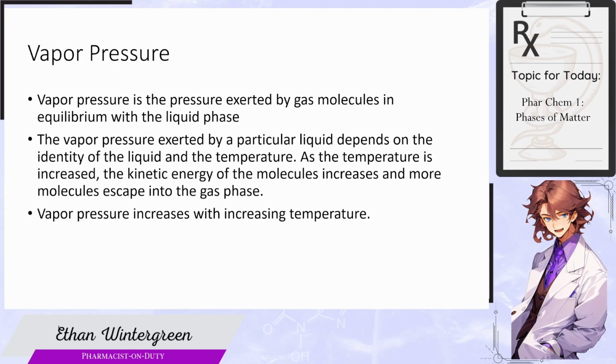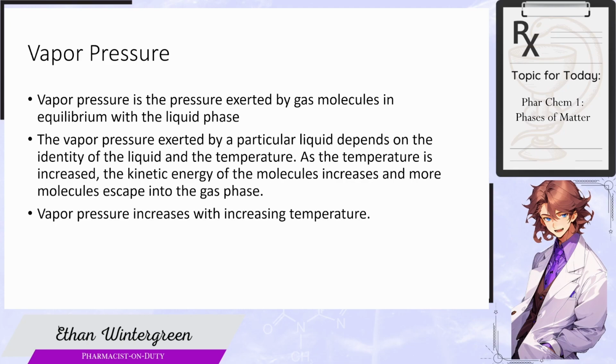So we have vapor pressure. Vapor pressure is the pressure exerted by gas molecules in equilibrium with the liquid state. Imagine you have a can of gas and you put a barometer in it. If you allow the system to equilibrate, you would read a certain amount of pressure. This pressure comes from gas molecules that transitioned from the liquid phase.